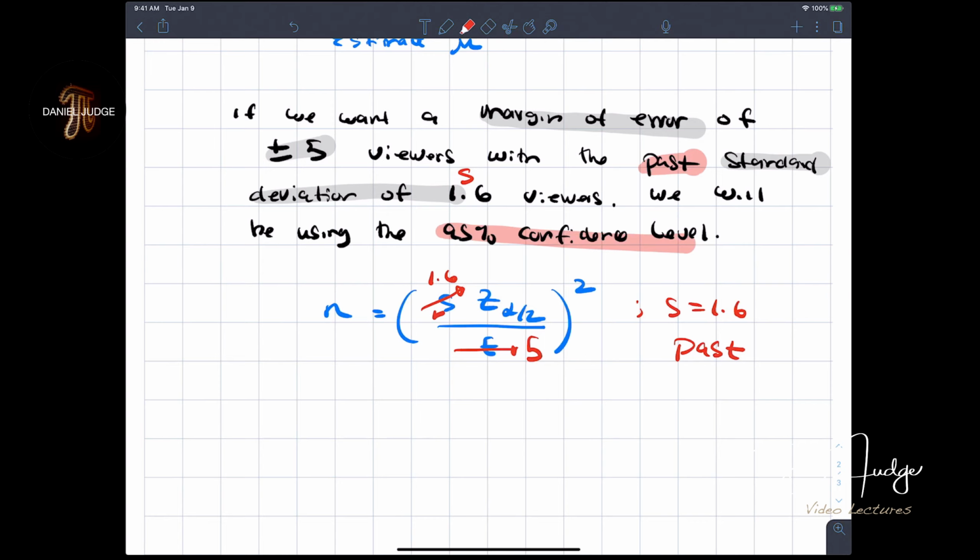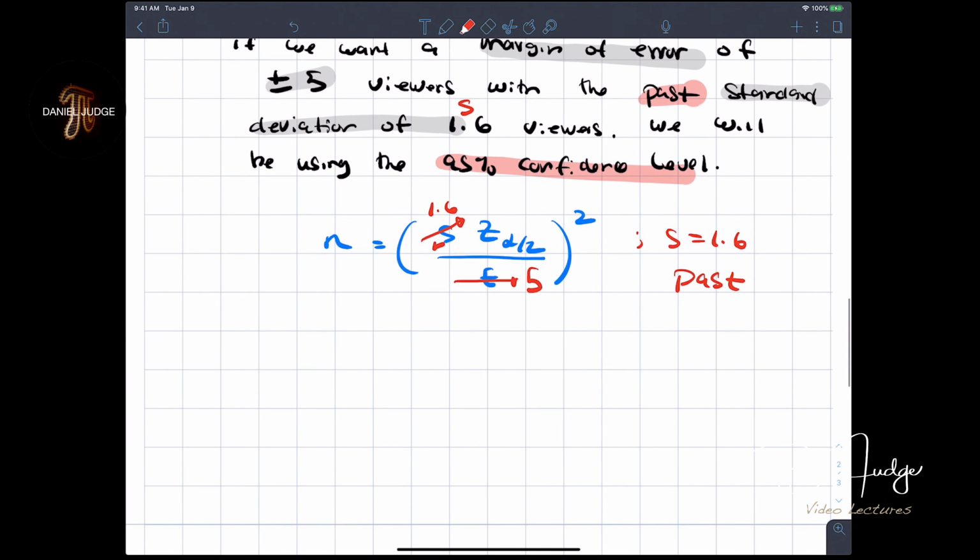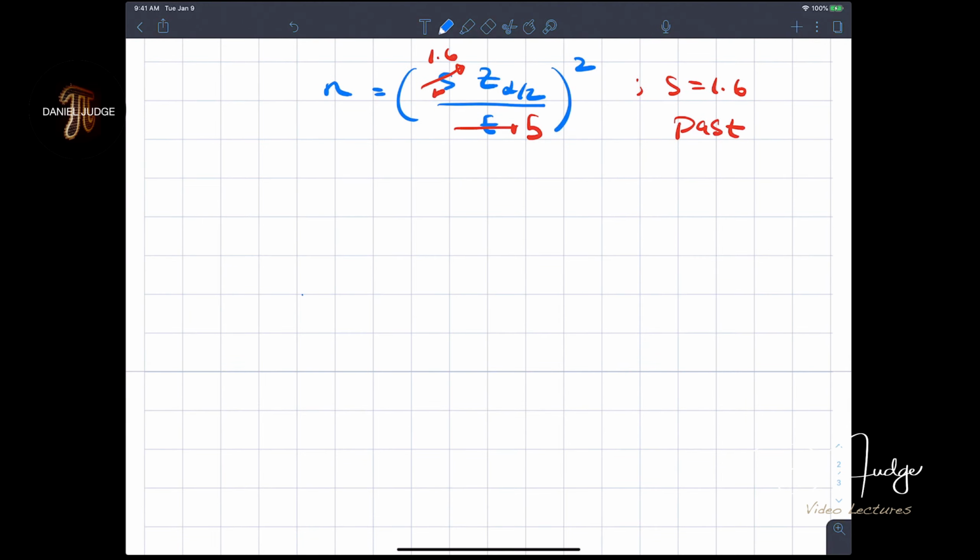And okay, now you say, well, eventually we're going to use the 95% confidence level. So I need a Z alpha over 2 then. And that Z alpha over 2 is associated with the 95%. So it's a Z value because it's Z alpha over 2. And so we have to find what Z values we are going to use here for 95% confidence.